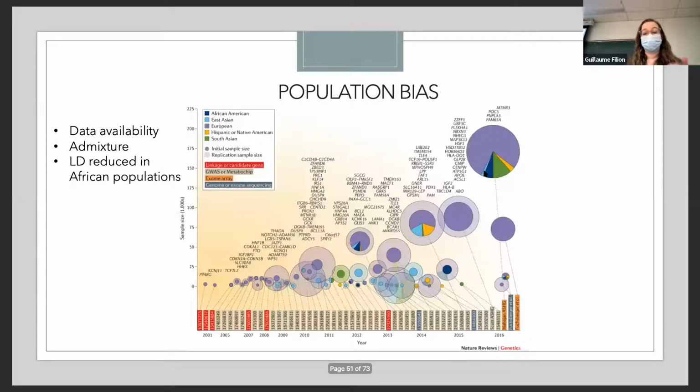Sorry, I should repeat the question for those online. Is it possible to get a skincare product that would be more applicable to Asian descent based on these skin sensitivities? I don't know the answer, but if you understand these variants and can test for them, then maybe there is a way to develop products to try to avoid it. That's the best I can give. I don't know, but I imagine.